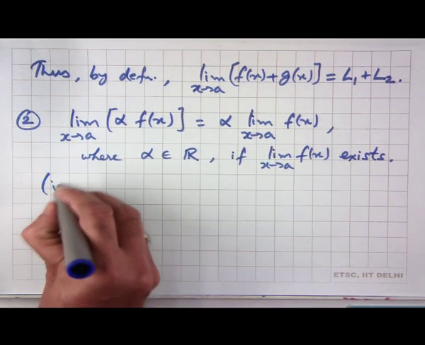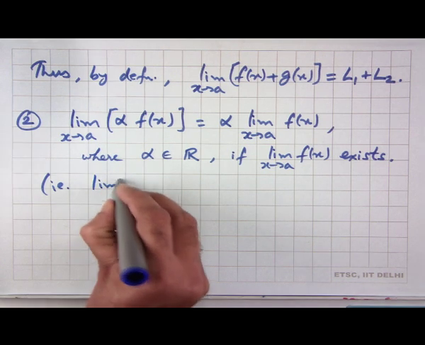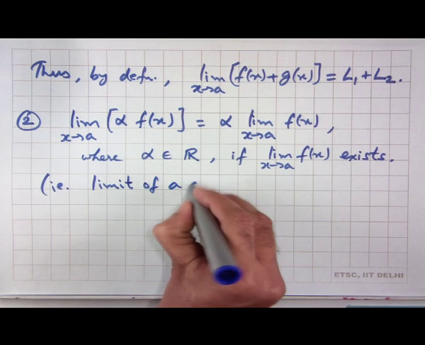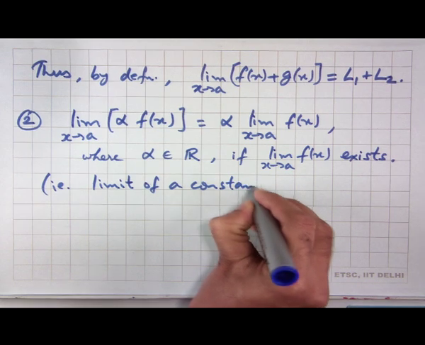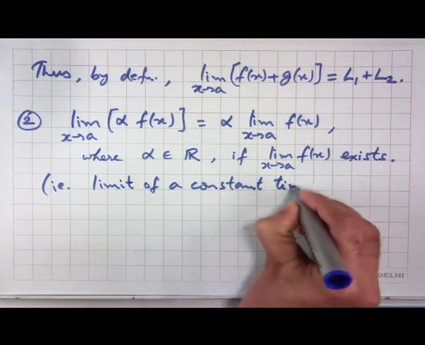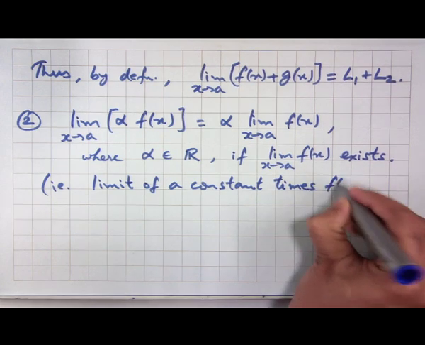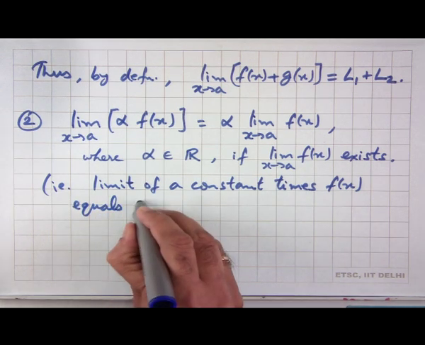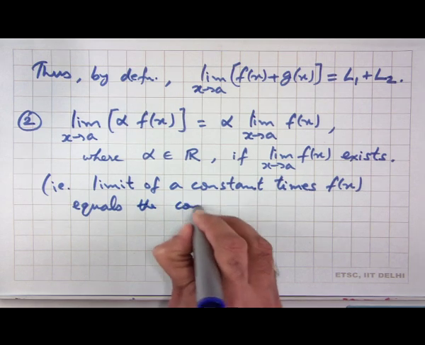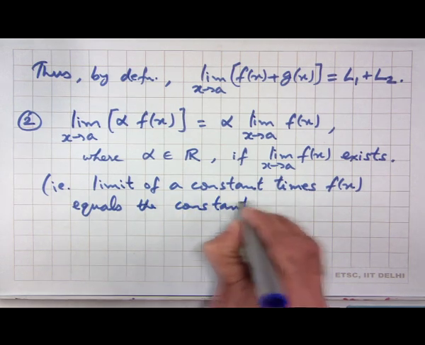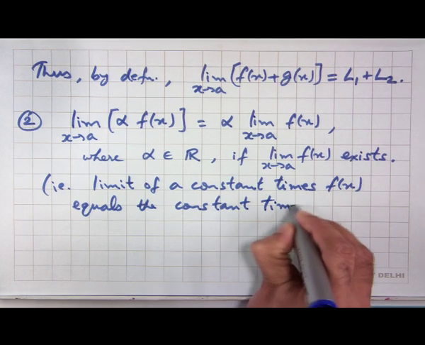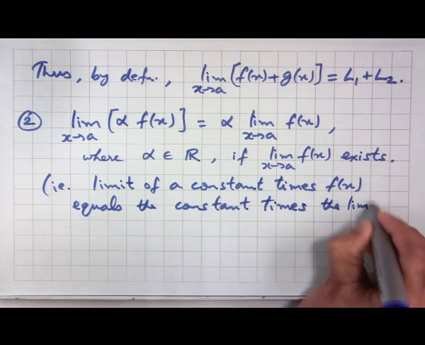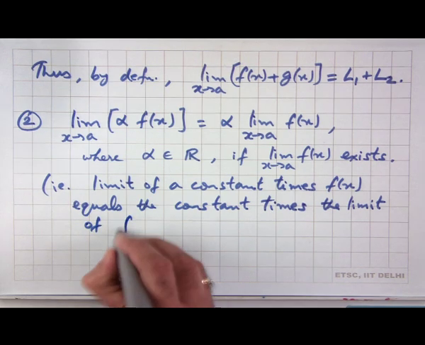So, that is limit of a constant times f of x equals the constant times the limit of f of x.